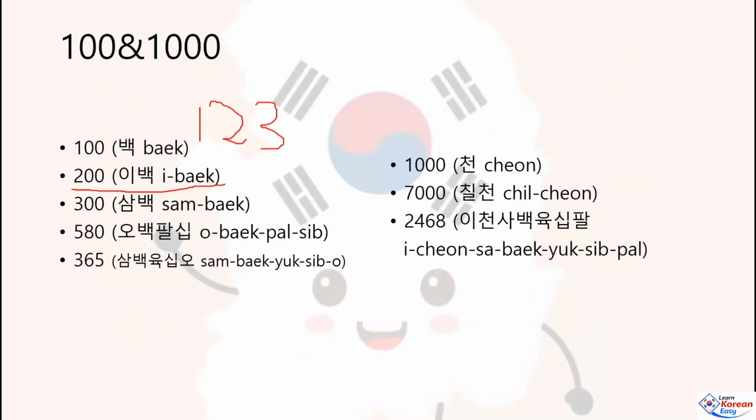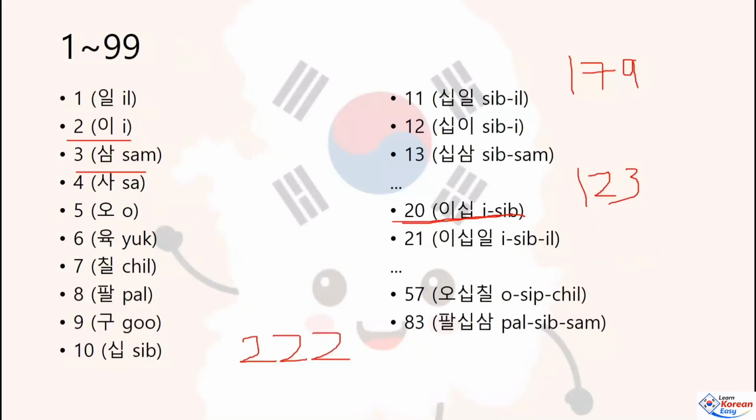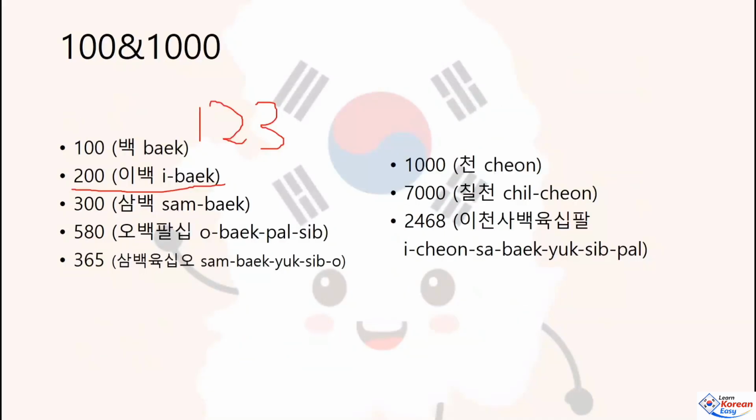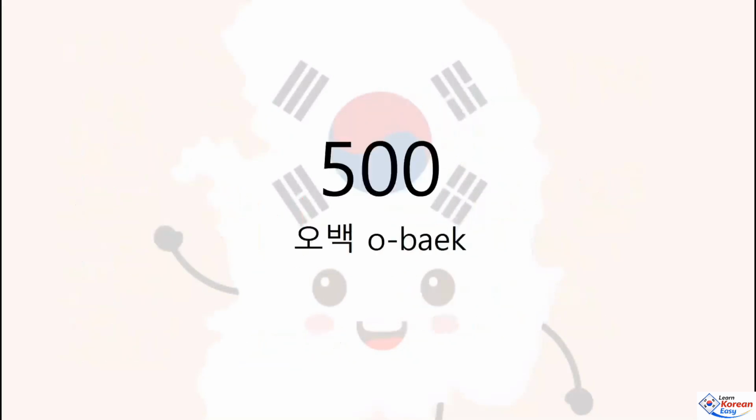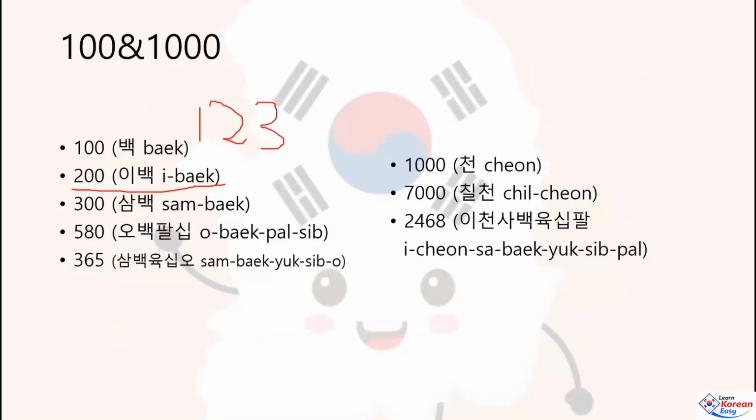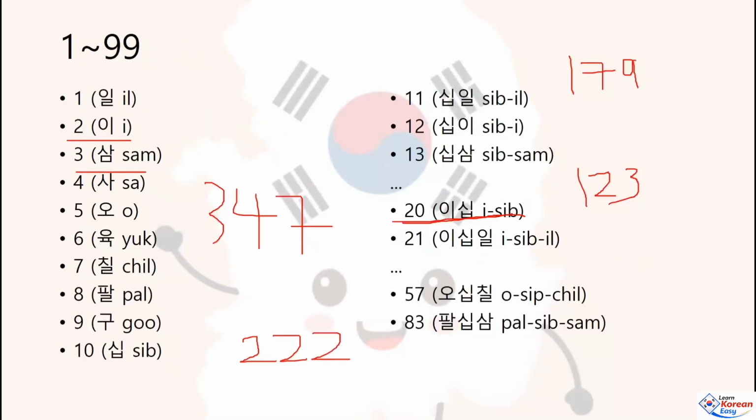Can we do 300 now? 300? Oh, easy now. So 300. Number 300, let's say 340, just random number 7, 347. So 300, sorry, 340, right?